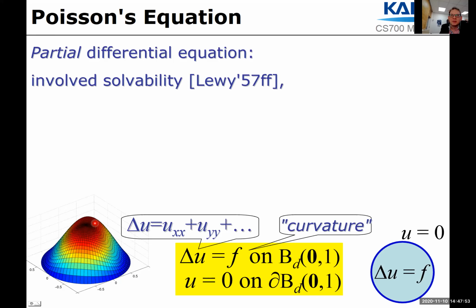And there's this famous counterexample by Lewy from 1957, who constructed an admittedly artificial partial differential equation which does not have a solution. And that's quite astonishing, because if you, for example, input his PDE into a common numerical solver like MATLAB, then the computer will readily output some plot of a purported solution.